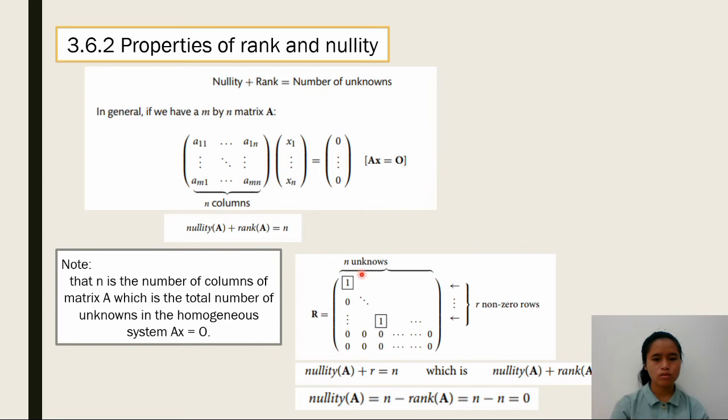So this is n unknowns, and this is r non-zero rows. So we get nullity A plus r equal n, which is nullity A plus rank A is n, and nullity A equal n minus rank A equal n minus n equal 0.